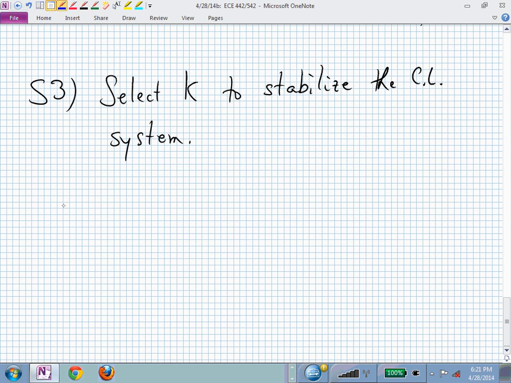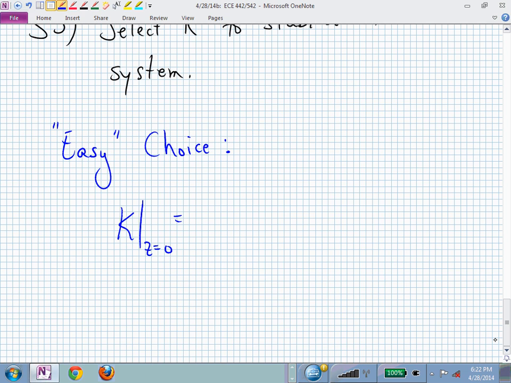In this case, an easy choice, again, easy is maybe relative, but after you've done this a while, you start to see the idea. An easy choice for k is to find k when z is equal to 0. And k, for what we've designed, we had 2 poles at z equal 2, so they have these factors, z minus 2 times z minus 2, so z minus 2 quantity squared in terms of its length.